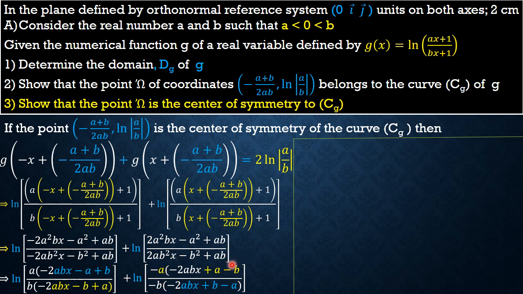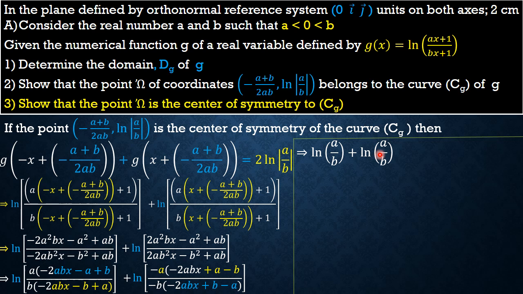Now friends, based on our law of logarithms, which simply states that the natural log of a product is the sum of the natural logs of the factors, if you do that and simplify, we are going to have the natural log of a over b plus the natural log of a over b.